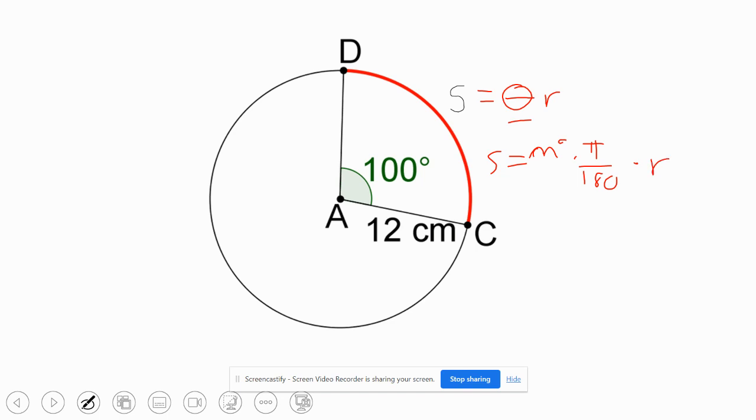And then multiply by the radius. So the arc length equals 100, because that's the measure in degrees, times pi over 180, times the radius, which again happens to be 12 in this case.